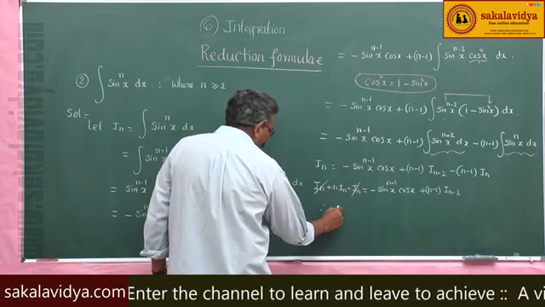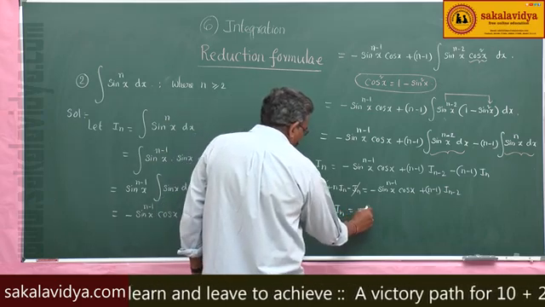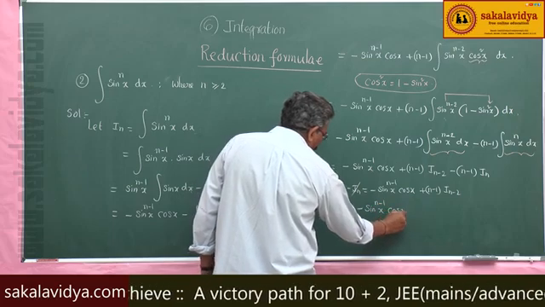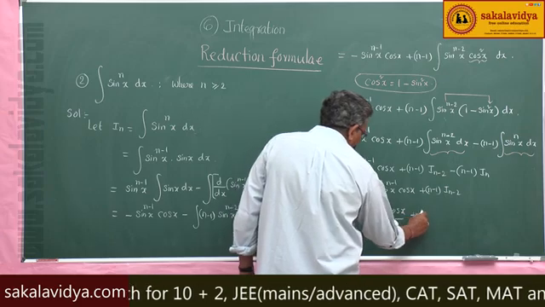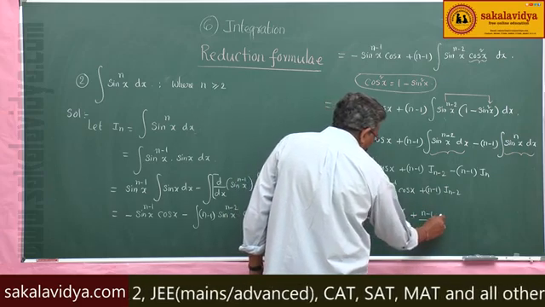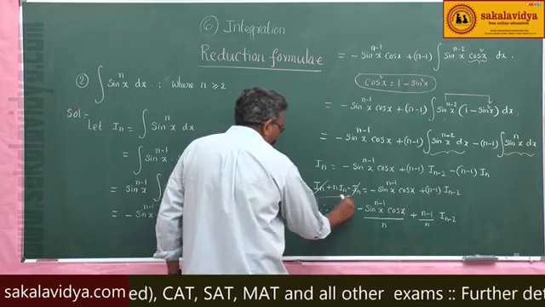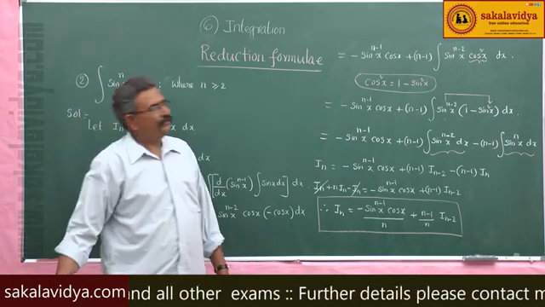Therefore, I_n is equal to, reduction formula, minus sin x to the power of n minus 1 cos x by n plus n minus 1 by n I_{n-2}. This is the reduction formula.